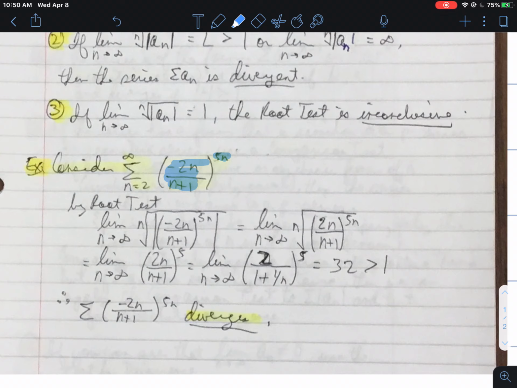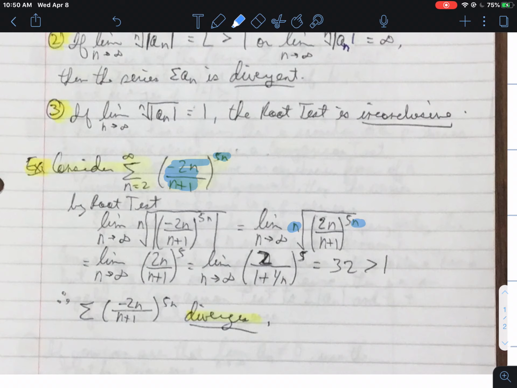And that's, again, the reason we use it with these nth powers is because I've got this nth root and this nth power, right? Those are just going to cancel each other out, like the square of the square root, or the square root of the square, vice versa. And so that leaves me with 2n over n plus 1 to the 5th. And now we can deal with that normally. So I'll just divide everything by n.